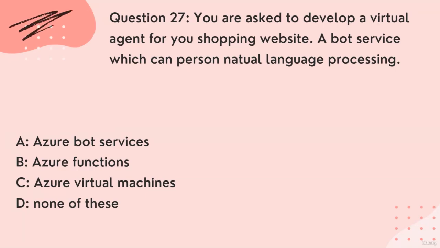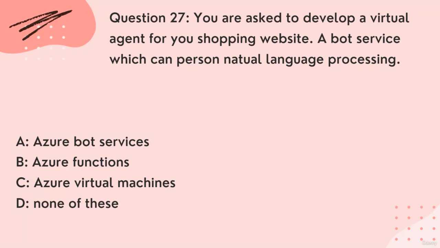Azure Virtual Machine cannot help you create a virtual agent, and Azure Functions are basically event-triggered functions, they do not have anything to do with creating a virtual agent. So the answer is option A, Azure Bot Service. Azure Bot Service is basically an Azure App Service.